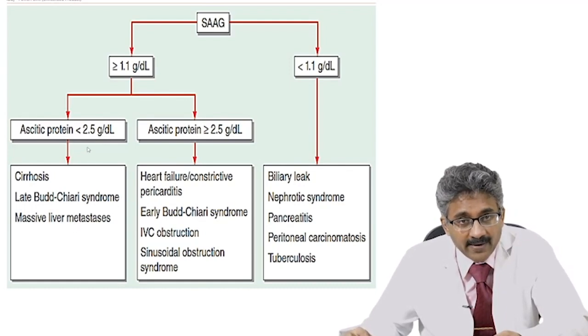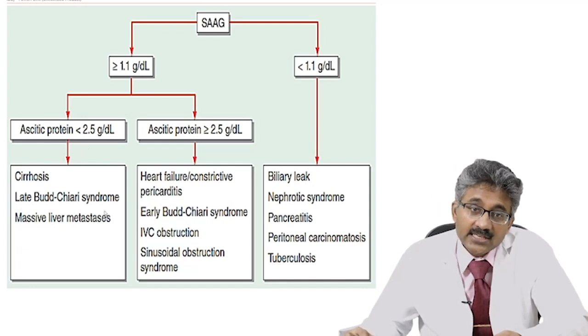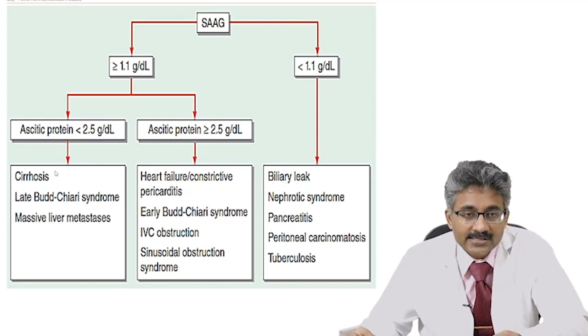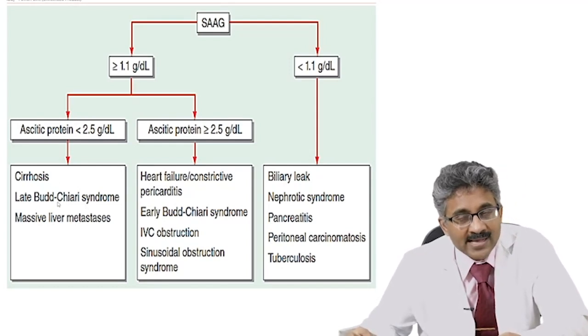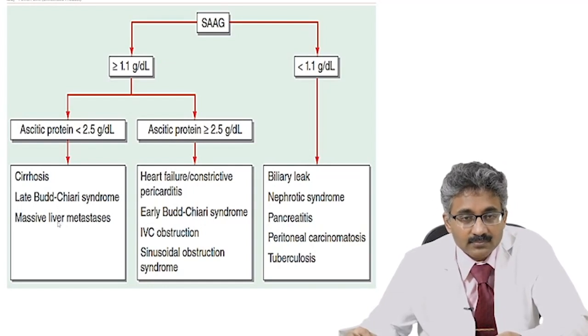In these conditions, the damage to the liver is so much that the sinusoids are destroyed so much that the proteins cannot leak into the peritoneal cavity. That is why here it is less than 2.5, in cirrhosis, late Budd-Chiari syndrome and massive liver metastasis.